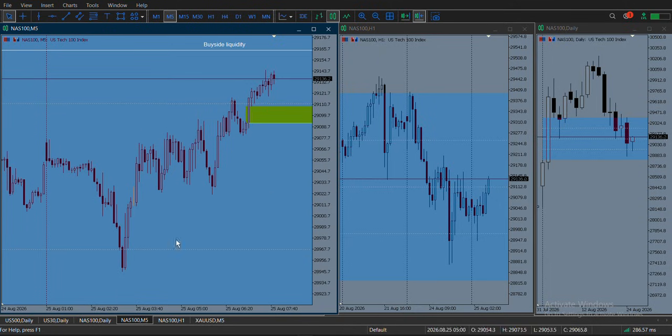So I'm determining the momentum in price, and I'm determining points in price action where I want to see price trade to, especially on the daily chart. That's where I'm expecting price to trade into the points of interest, and further going into the 1 hour chart. The 1 hour chart and the 15-minute chart, I used to determine the liquidity pools, relative equal highs, relative equal lows, and those kind of things.